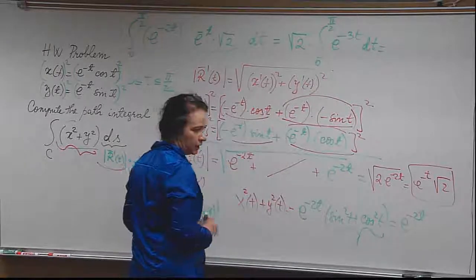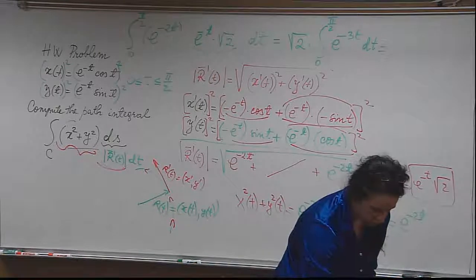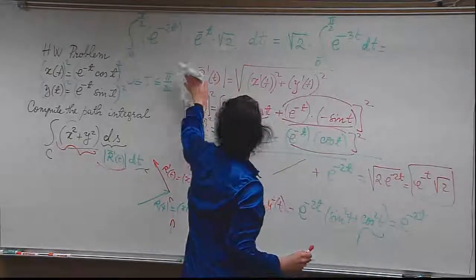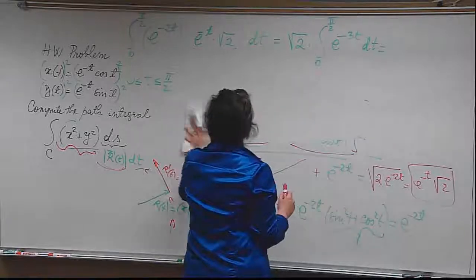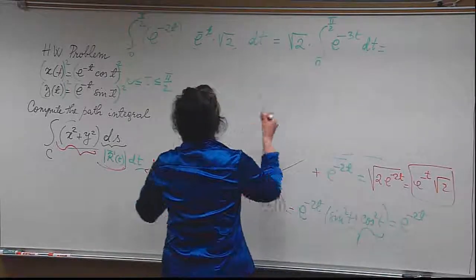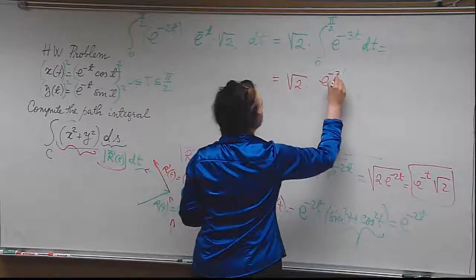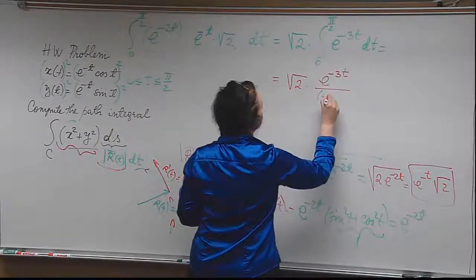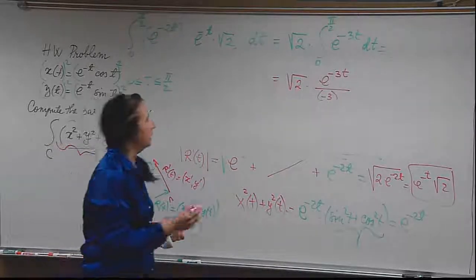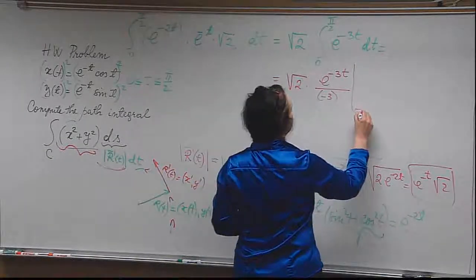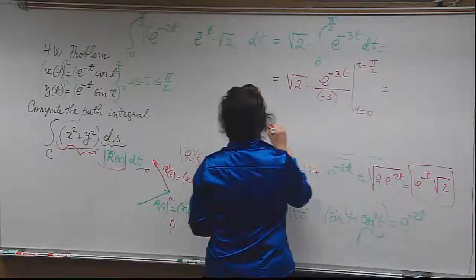Negative square root 2 over 3 e to the minus 3t. Let me erase this part. So first we have to copy this guy. Then we have e to the minus 3t divided by minus 3, because that is the antiderivative. And we take that between t equals 0 and t equals pi over 2.